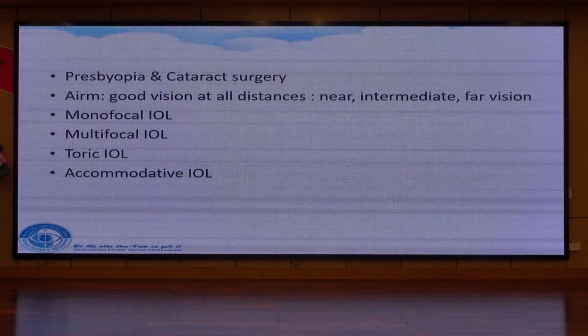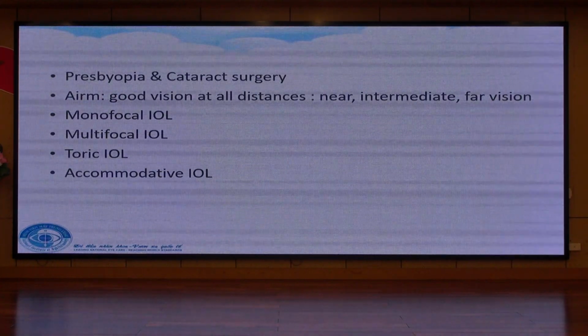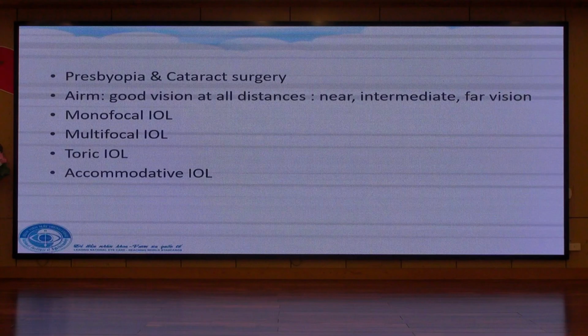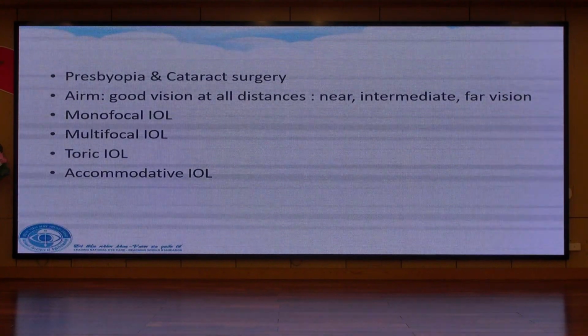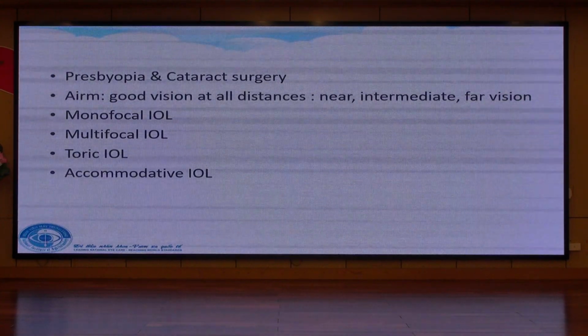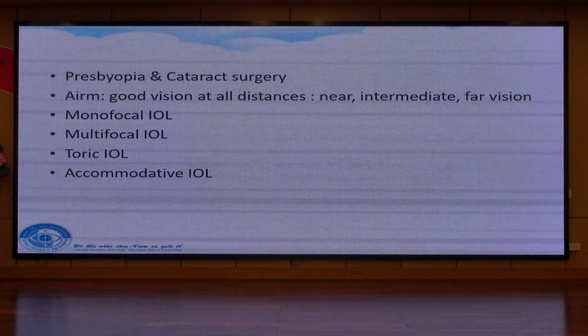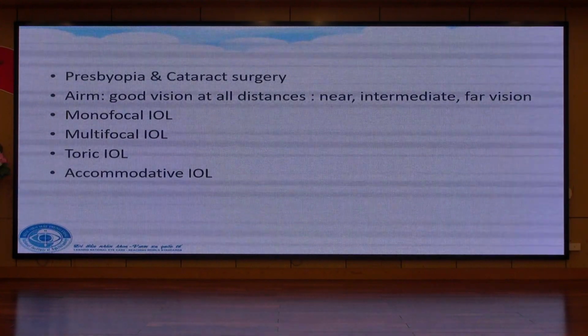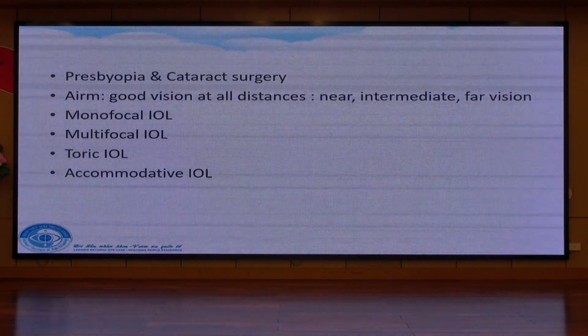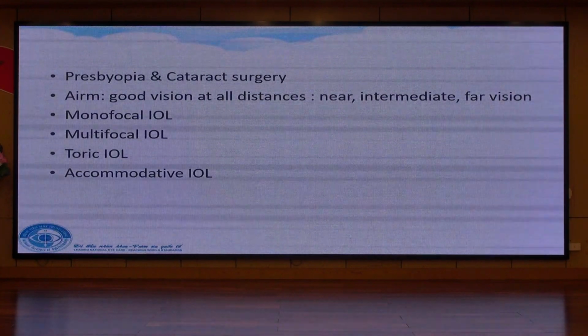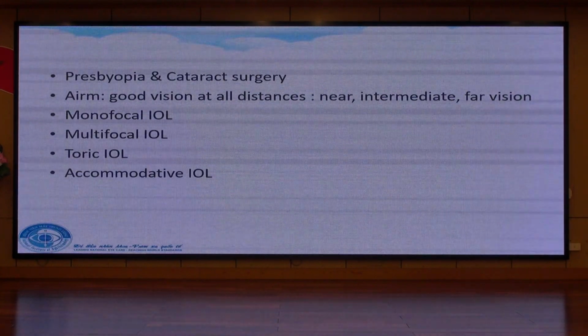The patient can be implanted with monofocal IOLs. The monofocal IOLs provide clear vision at one focal point, but the patient needs to wear glasses for near or intermediate vision.